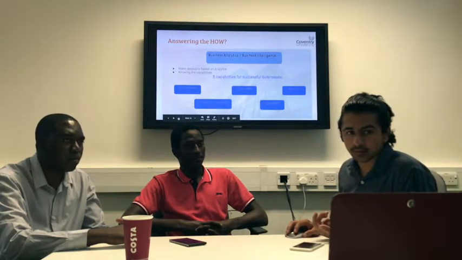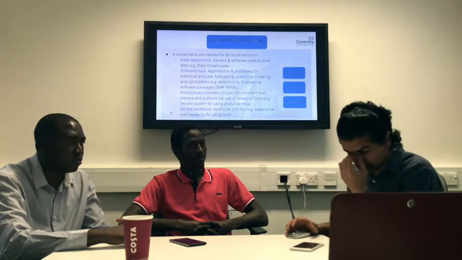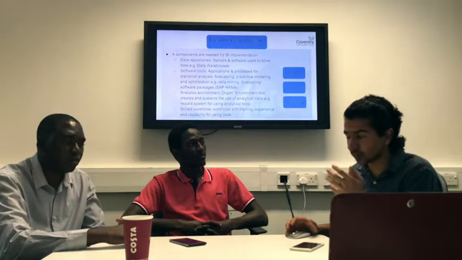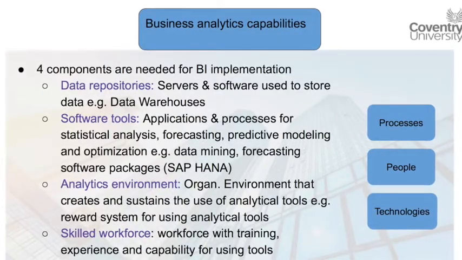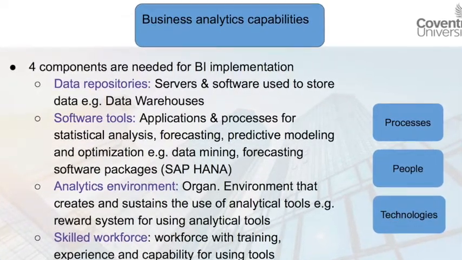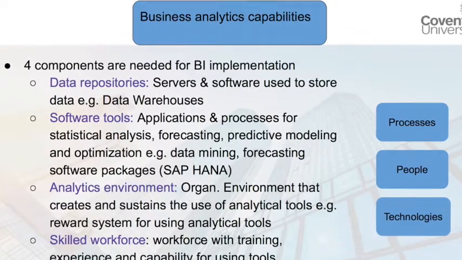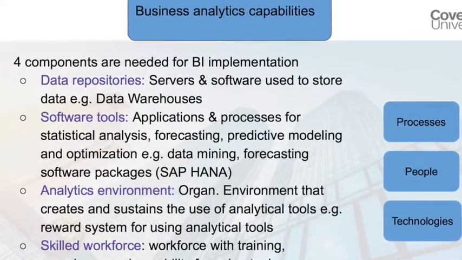Moving on is business analytics. So how does business analytics actually give you the opportunity to implement your choice? You need to have four components. Linking it back to the technology that you gave, the example of the database, it needs four things. One, a data repository. A data repository is basically the storing place of the data.